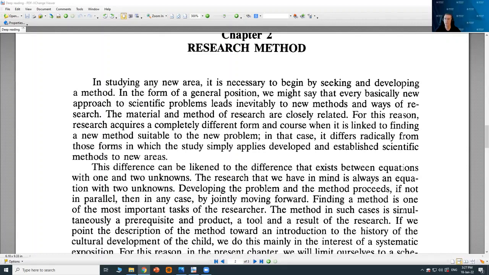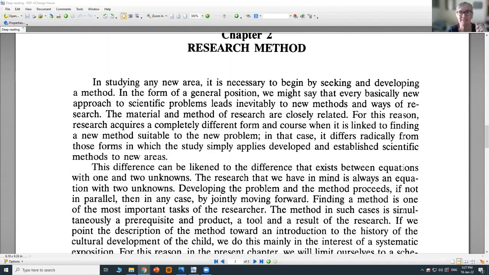Well, in the second one, every basically new approach to scientific problems. So it could be that the problems have been there, the area's there, but this is another way of looking at it, another approach. So it's suggesting that the area may be there.